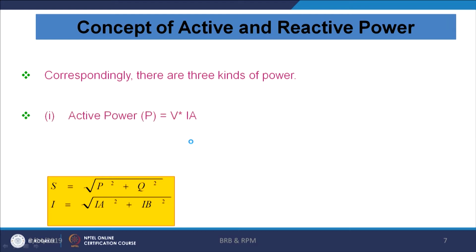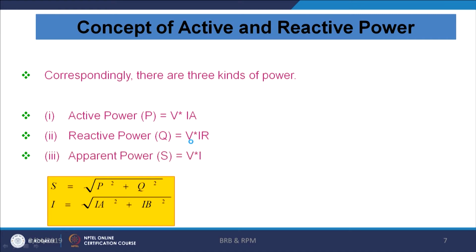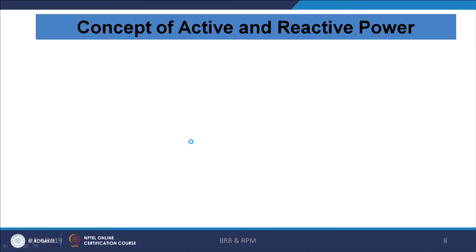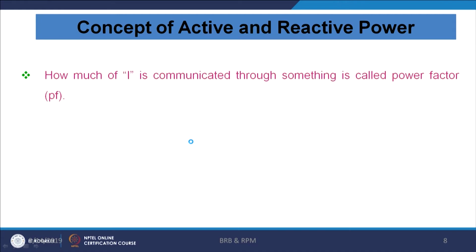Active power equals V into IA, reactive power equals V into IR, and thus the apparent power is V into I. These are a few basics you are aware of. How much of I is usable is expressed through the power factor PF: IA equals I into PF, so P equals S into PF.